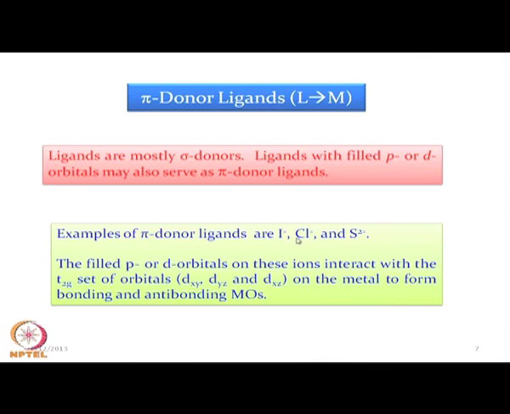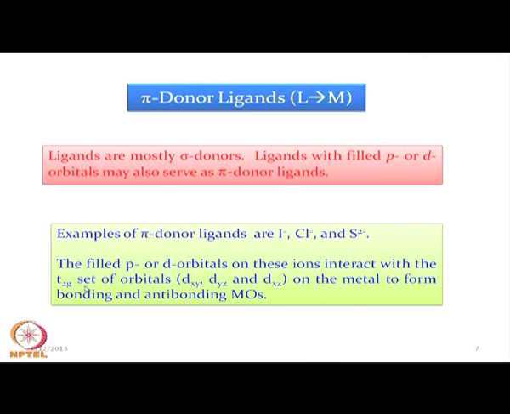These are bigger atoms, so they all have the d type orbitals for the filled electron density, and that filled electron density from the d level as well as some of these p levels is utilized as pi donation to the metal center.